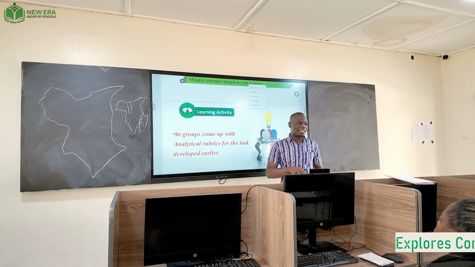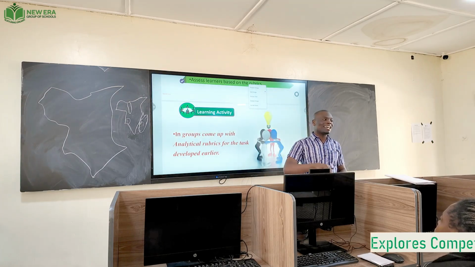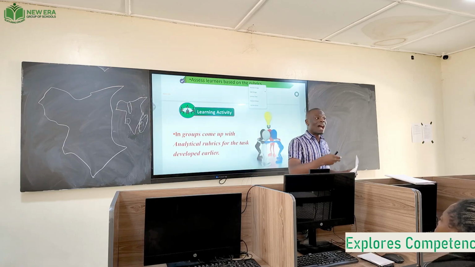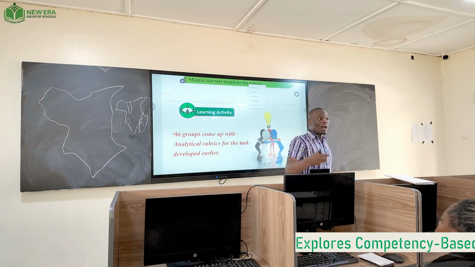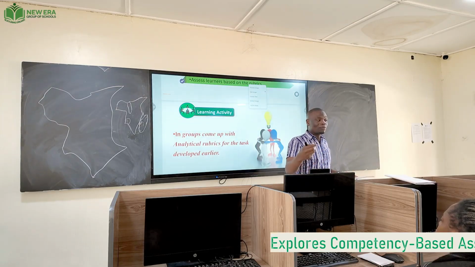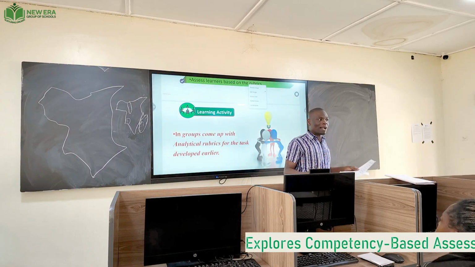Then you have the checklist. Madam talked about the checklist and said that in the checklist you have already the specific skill that you want to get from the student. So you check and mark.